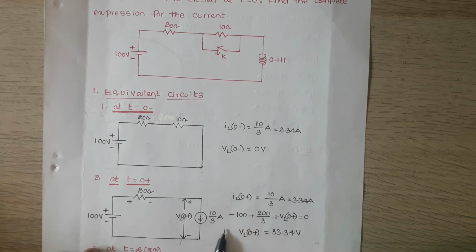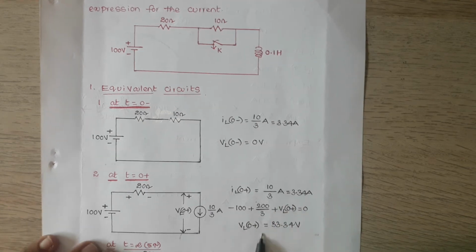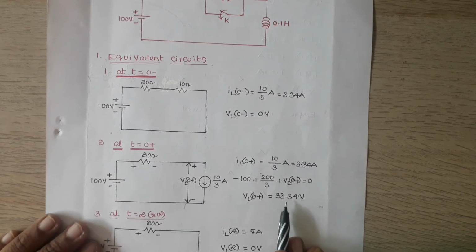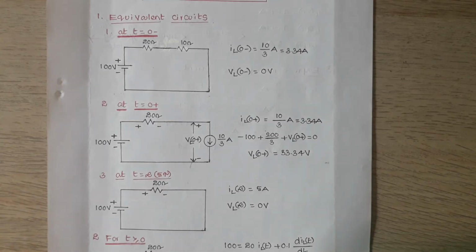If we apply KVL for this loop: minus 100 plus 20 into 3.34 plus VL of 0 plus equal to 0. So VL of 0 plus equals 33.34 volts. The voltage across the inductor goes to 33.34 volts.